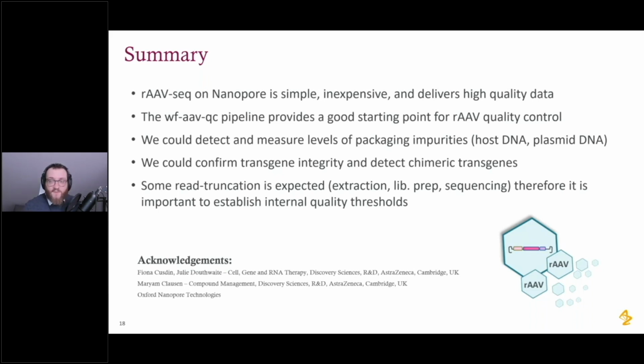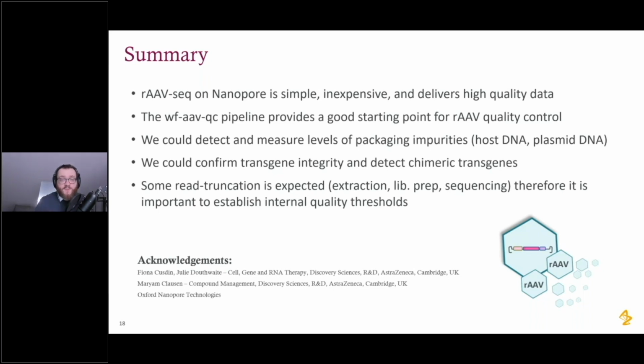Sometimes we have to build on it when there are specific experimental questions, but often it answers the core concerns straight away. In some experiments we could detect levels of packaging impurities, specifically host and plasmid DNA, and we could often confirm that the transgene is still intact, and sometimes even detect chimeric transgene.